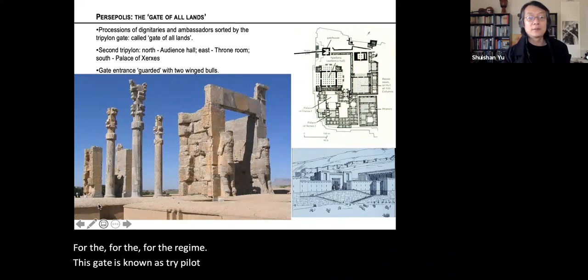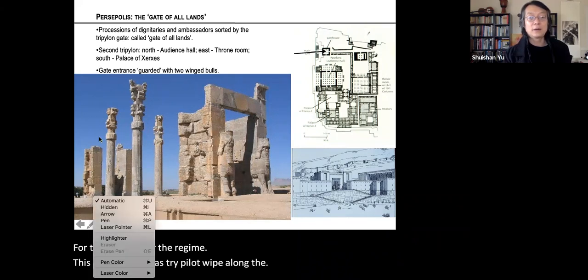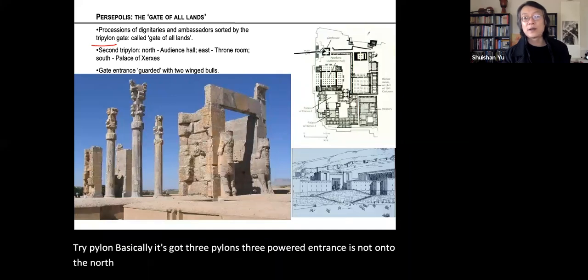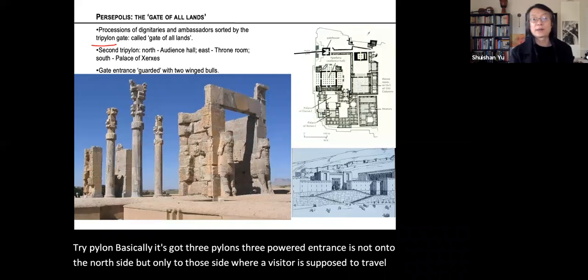The tripylon, basically, has three pylons, three towered entrances, not onto the north side, but only to those sides where a visitor is supposed to travel, to enter and exit.